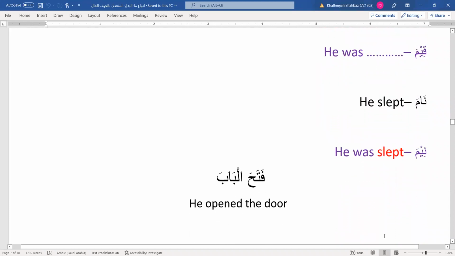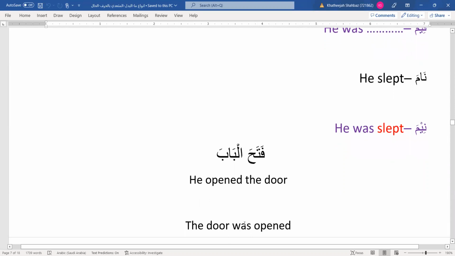And then how we make a sentence using passive voice. So first, a sentence with an active voice. Fataha al-baba. Just for an example, fataha, he opened. Al-baba, the door. He opened the door. Now its passive voice will be the door was opened.